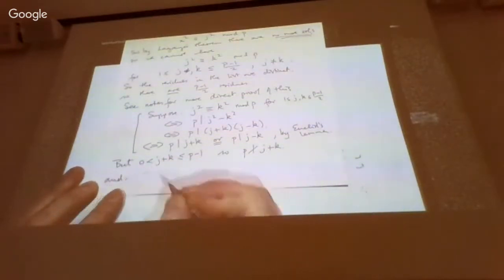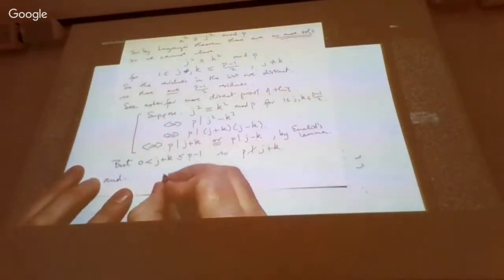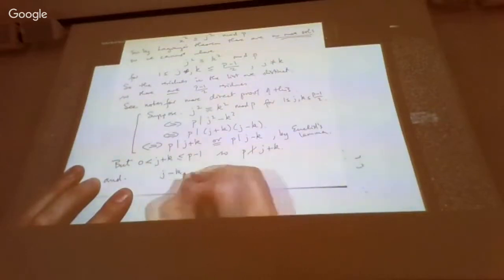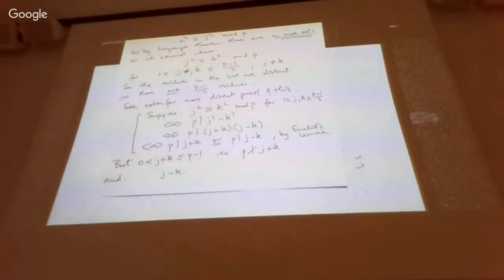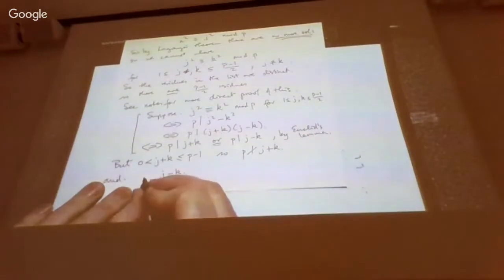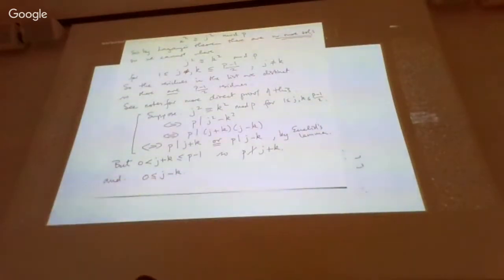And what about j minus k? Where is that? Well, the smallest j minus k can be is if we happen to choose j and k the same, so that in that case their difference will be 0. What's the biggest their difference can be?